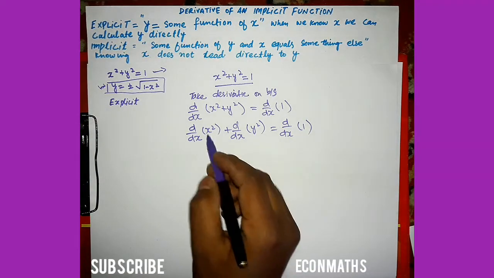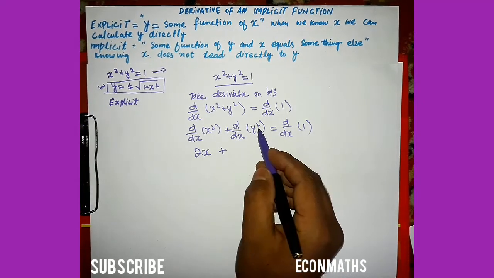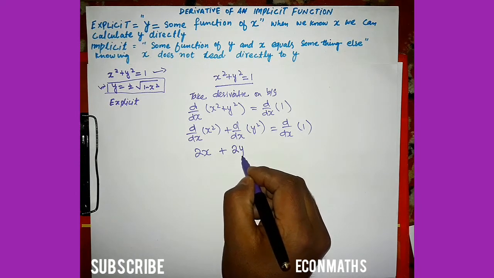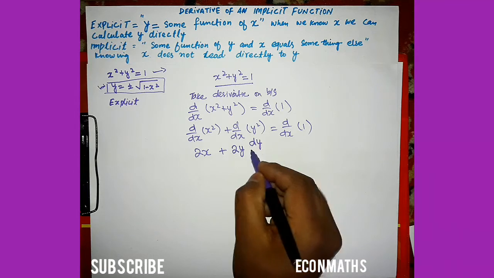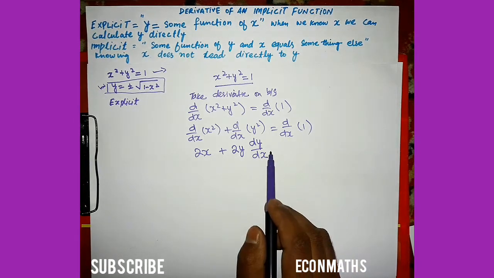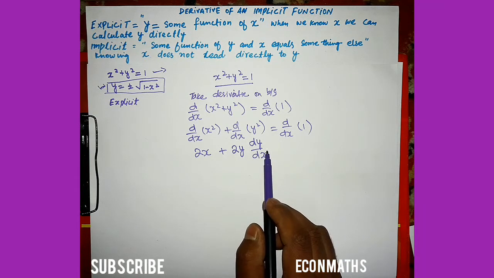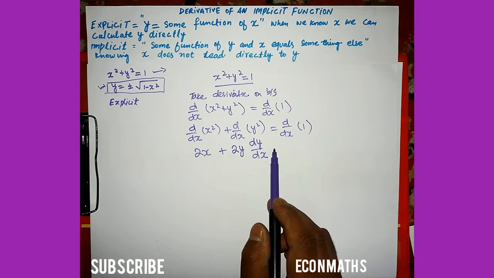Now the derivative of x square is 2x, plus the derivative of y square, that is 2y, and the derivative of y in itself, that is dy by dx. Here the chain rule must be used because of our assumption that y may be expressed as a function of x.